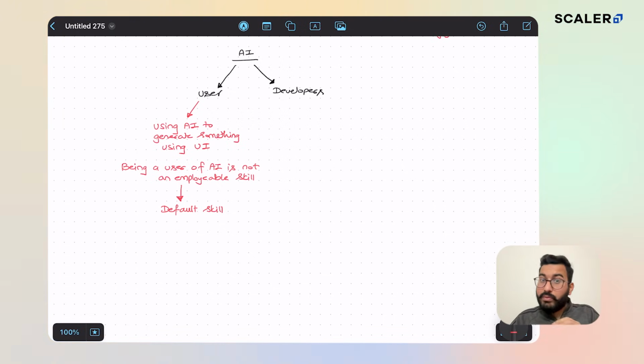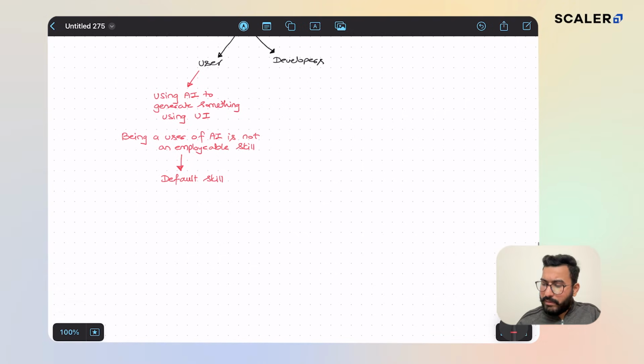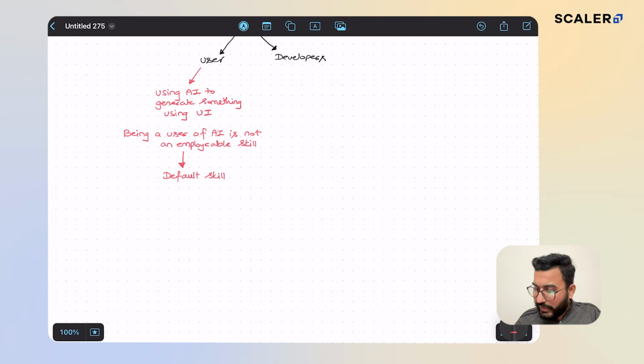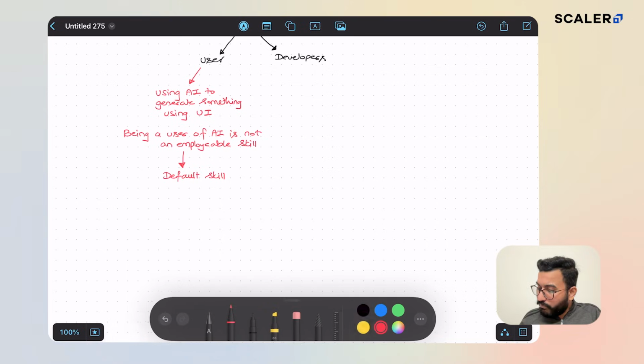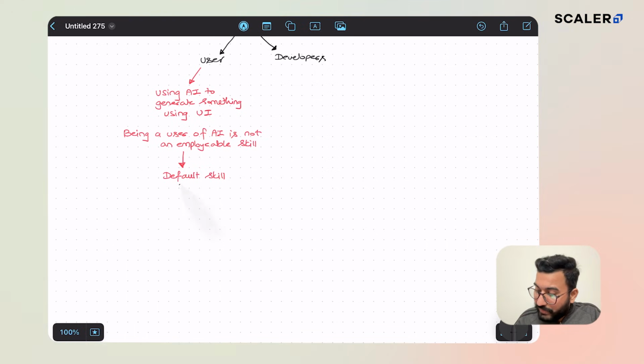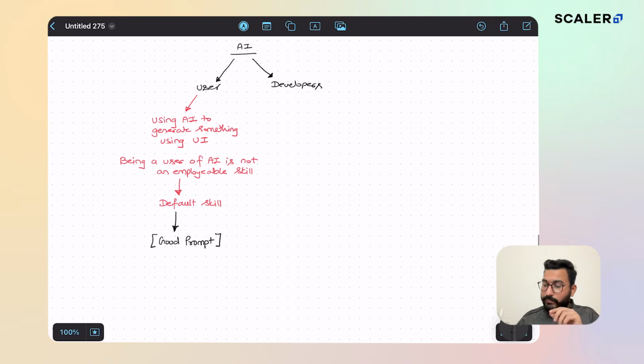But for those of you who are not aware of how you can become good users of AI, the very first and foremost important skill you need is writing a good prompt. Remember, you can use all these AI tools in the best possible way if you know how to write a good prompt.